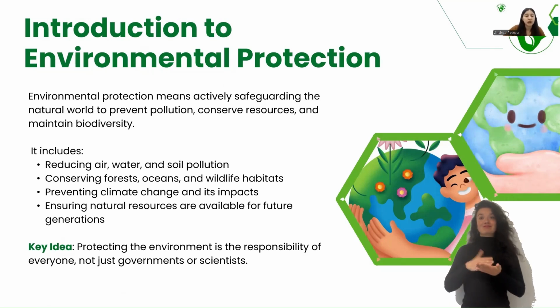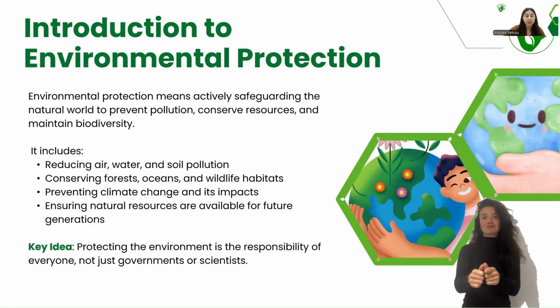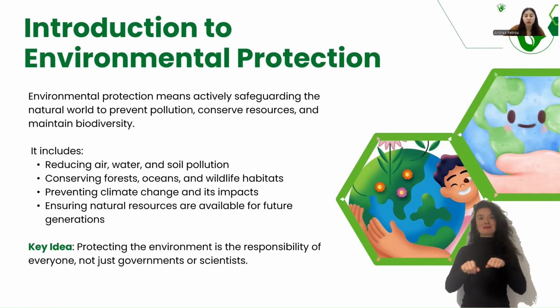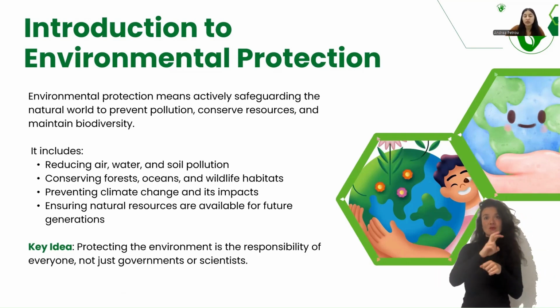It includes reducing air, water, and soil pollution, conserving forests, oceans, and wildlife habitats, preventing climate change and its impact, and ensuring natural resources are available for future generations, for our children and grandchildren. The key idea is that protecting the environment is the responsibility of everyone and not just scientists or governments.